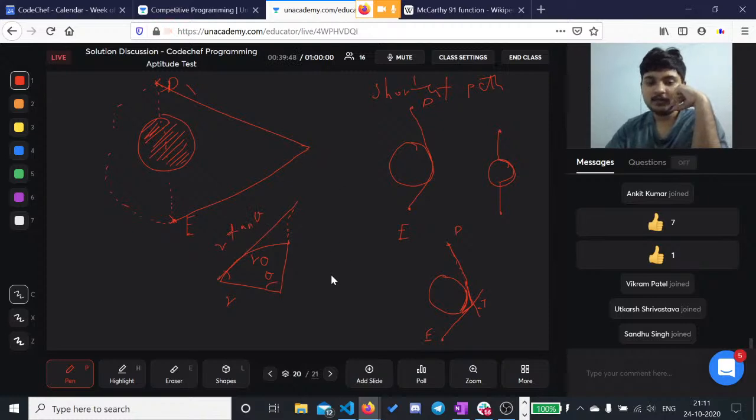Okay, and if you plot the graph, you see that tan theta is always greater than or equal to theta. So this line segment is always greater than this arc length here. So this option is better than this one, definitely, in all cases.